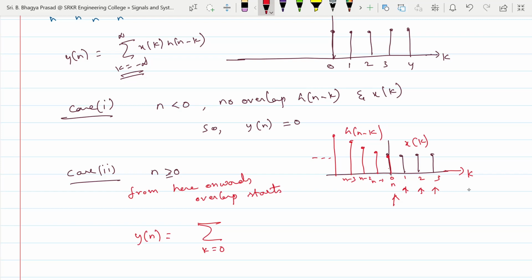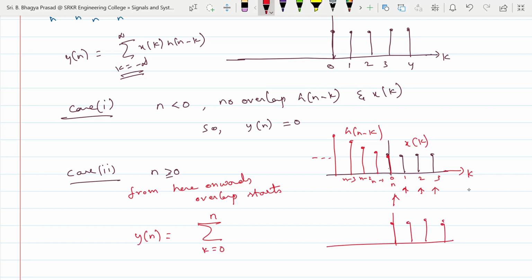So for calculating that product between h of n minus k and x of k, you take the summation k equal to 0 to n. Why? Because we are getting the sequence like this.